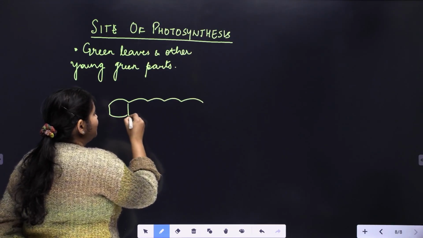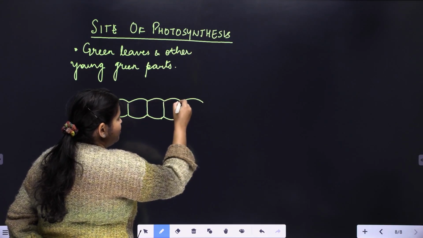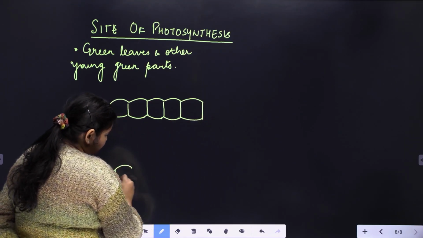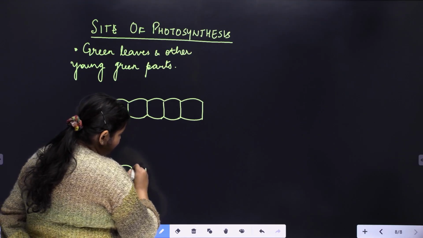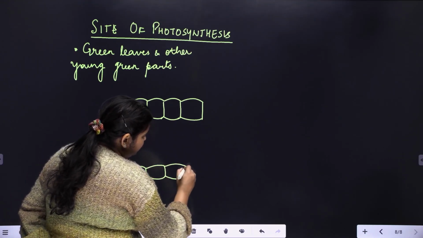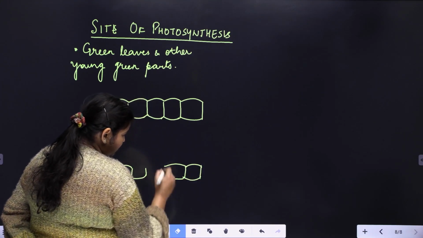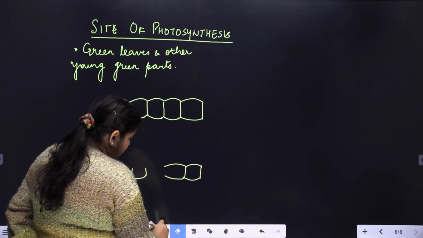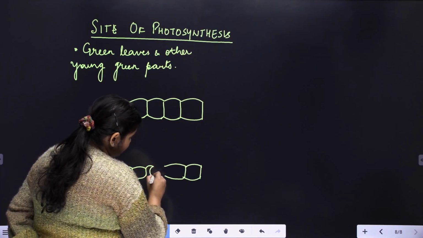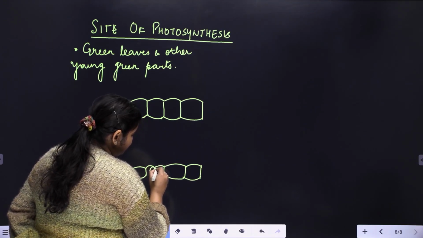Leaf has the upper epidermis, the lower epidermis, and in between is present the special tissue which is called the mesophyll tissue.